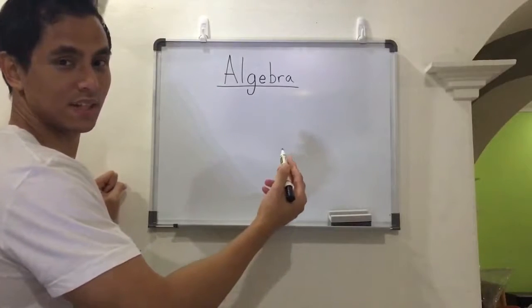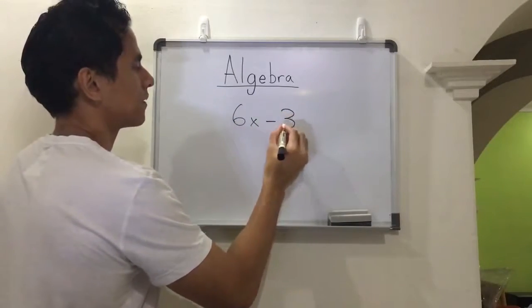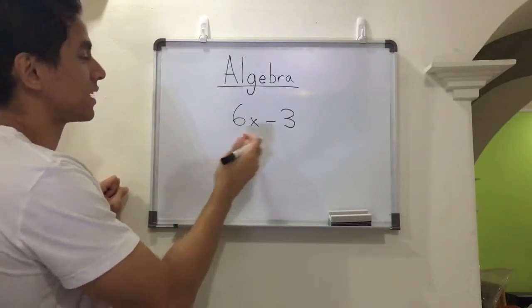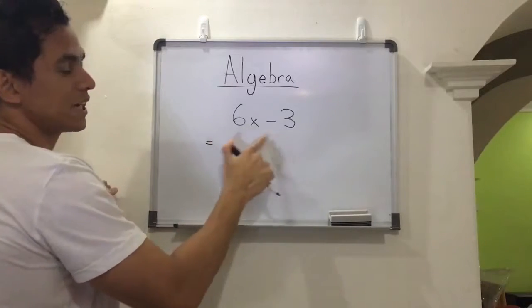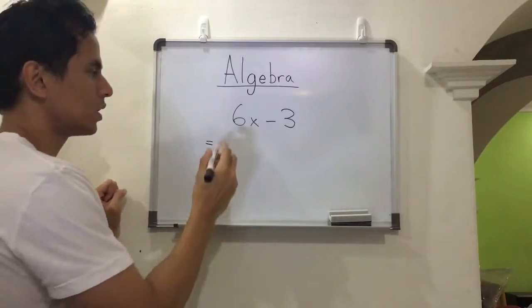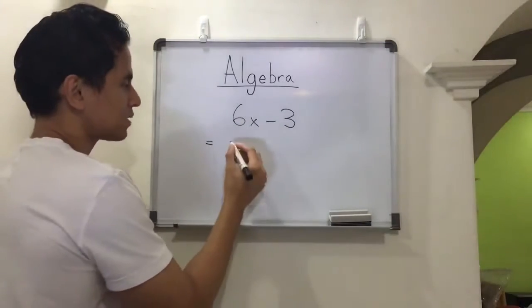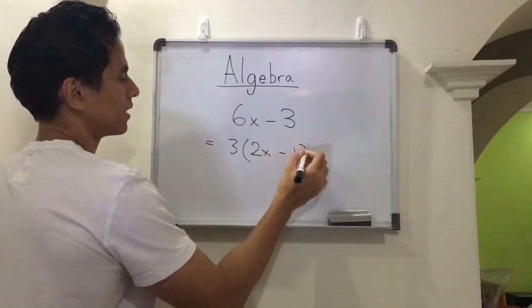So let's say the question gives us 6x minus 3. Now, we are to factorize this. The question is asking us to factorize this. So we need to realize that both terms here can be divided by 3. So I'm going to take out 3 from both sides. And what will happen is we're going to just get 3 bracket 2x minus 1.